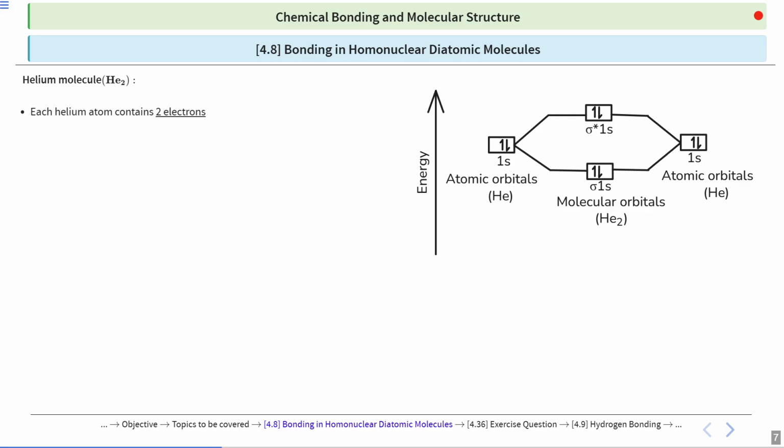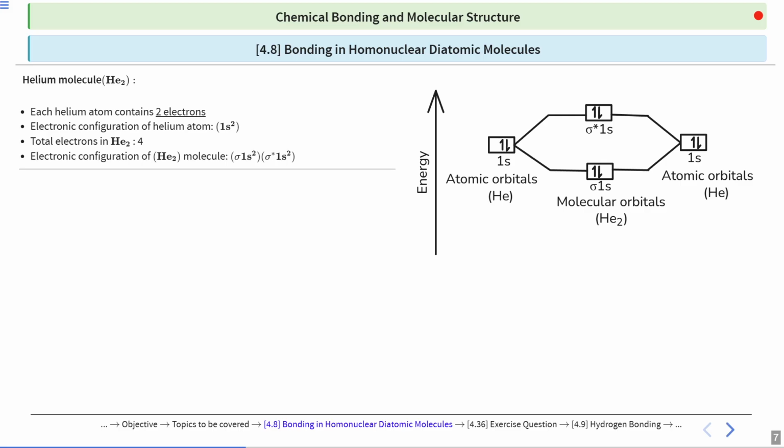So, we have 2 helium atoms, and each of these will have 2 electrons in its 1s orbital. So both of these helium atoms will have an electronic configuration of 1s2. Now there are a total of 4 electrons to be filled in the molecular orbitals, 2 coming from each helium.